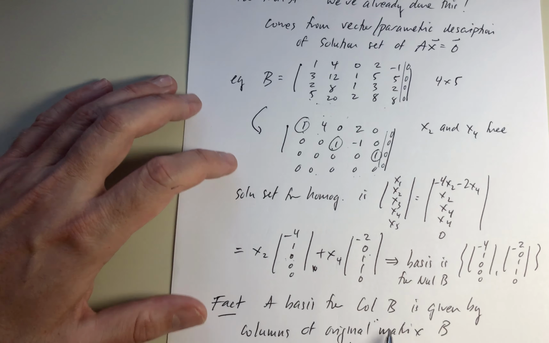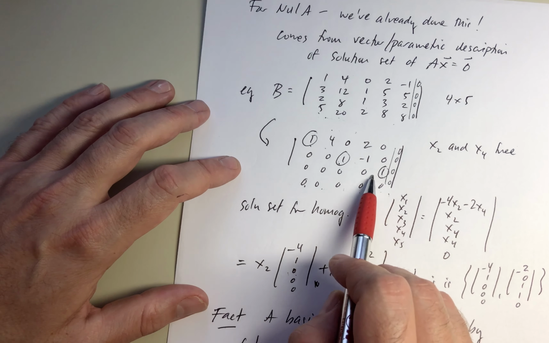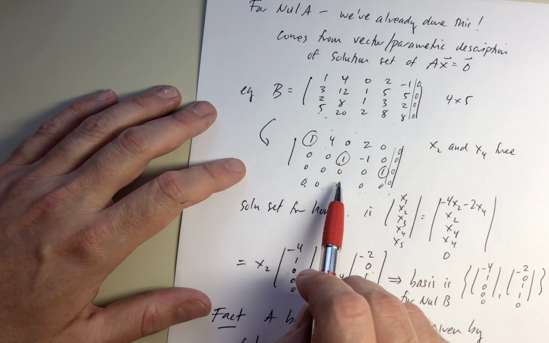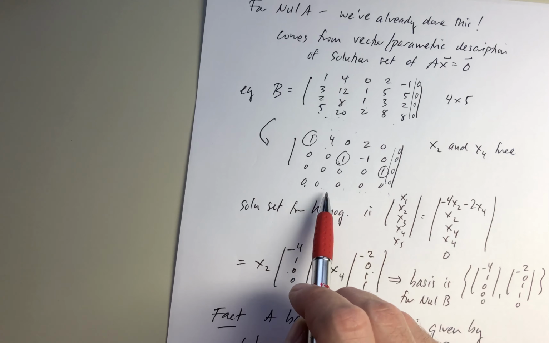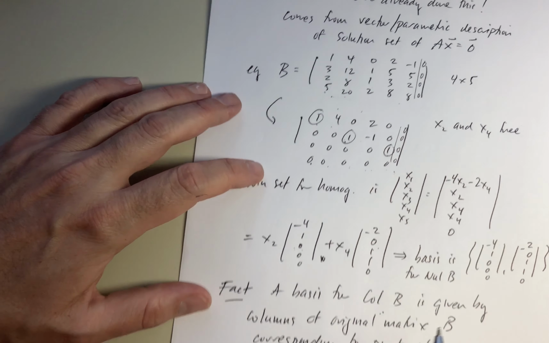So if you go back to what we did here, of course you need to row reduce to find those pivot columns, but here we had pivots in 1, 3, and 5. Now be careful, I don't take the columns of the reduced matrix because that wouldn't be what I want. What I want to do is take the columns of the original matrix.